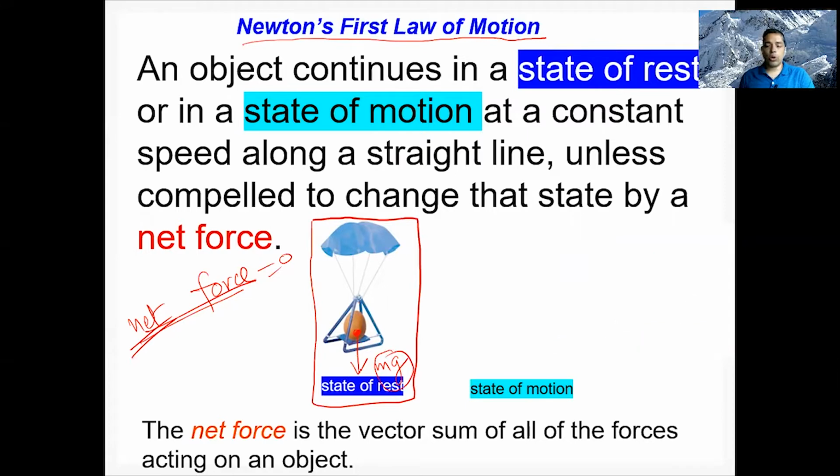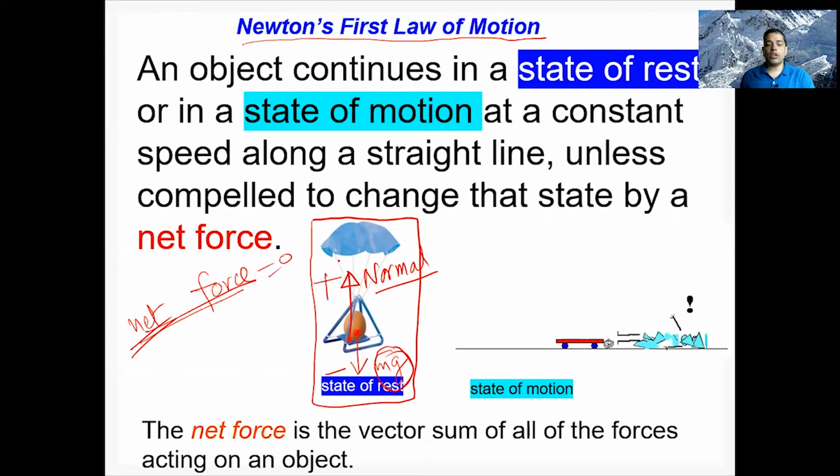If there is a force, how come this guy is not moving? That's the thing. This guy is not moving even though you have mg there, because the surface has a normal force perpendicular to the surface. This normal force happens to be equal to mg. Normal force is in the positive direction, mg is in the negative direction.